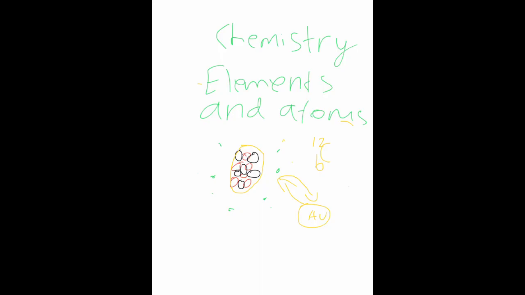So a cation is a positively charged ion. And an anion is just the opposite. It's a negatively charged ion.